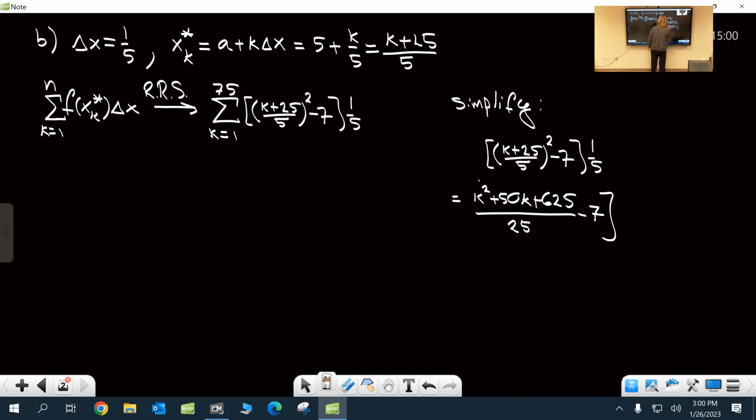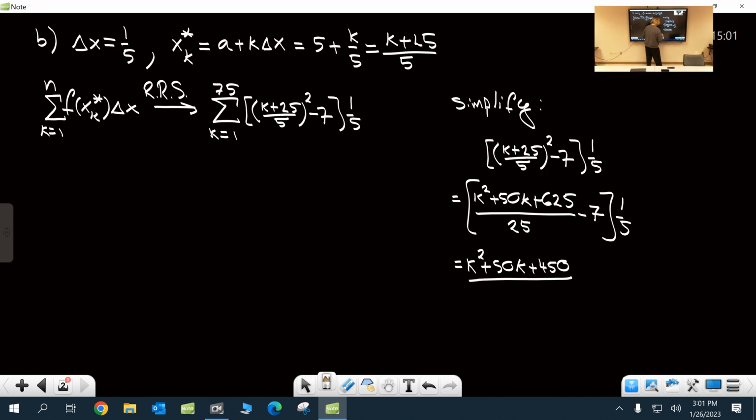Subtract 7 from this and multiply everything by 1/5. If I subtract 7, we're actually going to subtract 175 over 25, common denominator. And we will end up with k squared plus 50k plus 450 over 125.